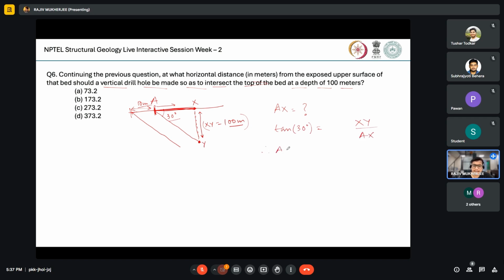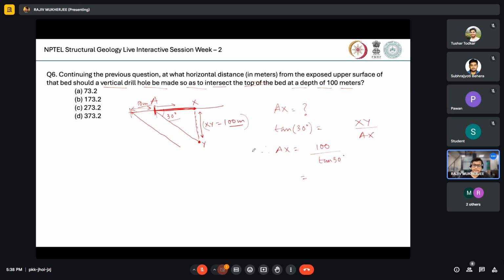So AX is equal to 100 meters divided by tan of 30 degrees. So the answer is 173.2, exactly. So we should consider from this point.